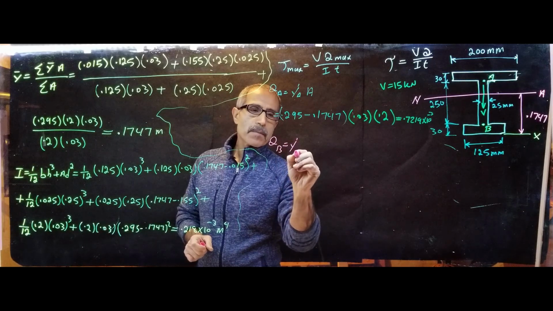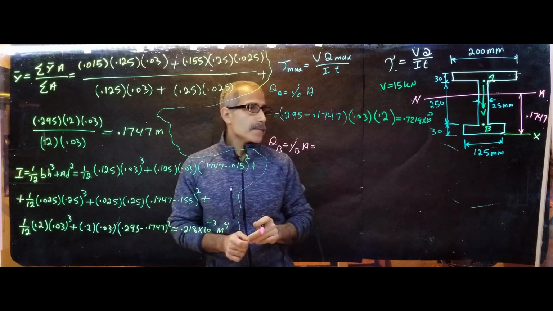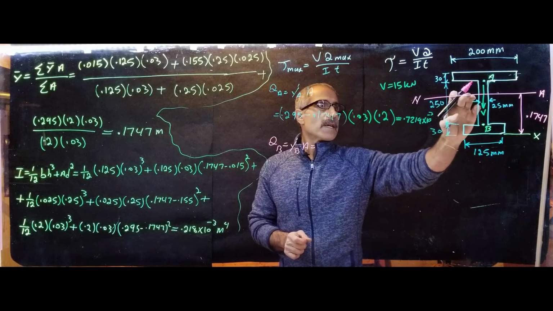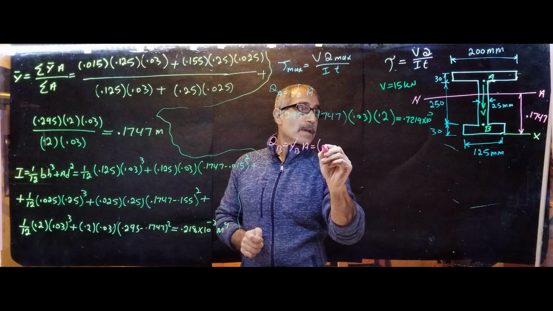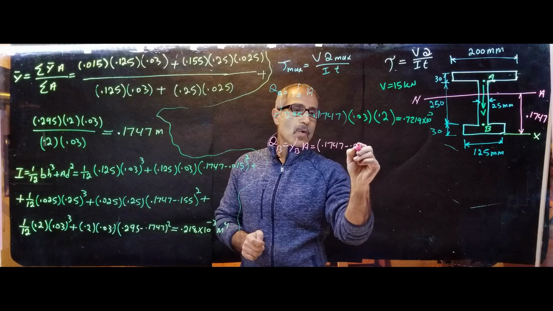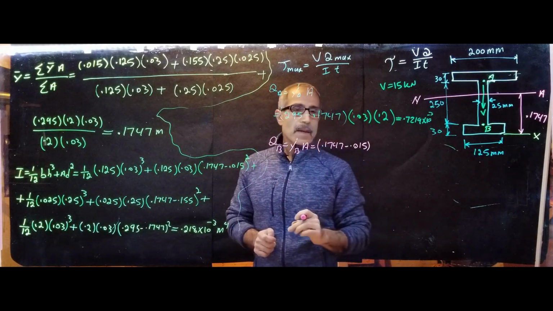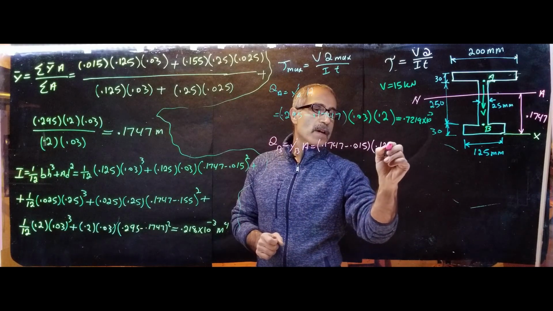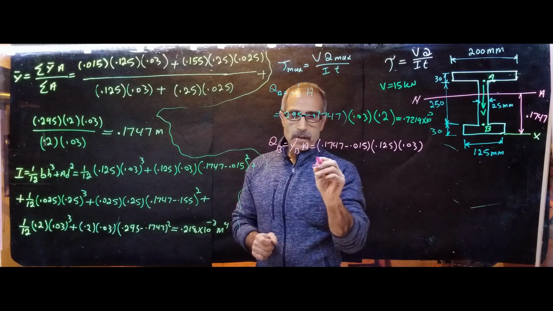And that's y prime B times the area. It's going to be the distance between here and the neutral axis, which is 0.1747 minus 0.015, because that's the 15, right? And the area is going to be 0.125 times 0.03.